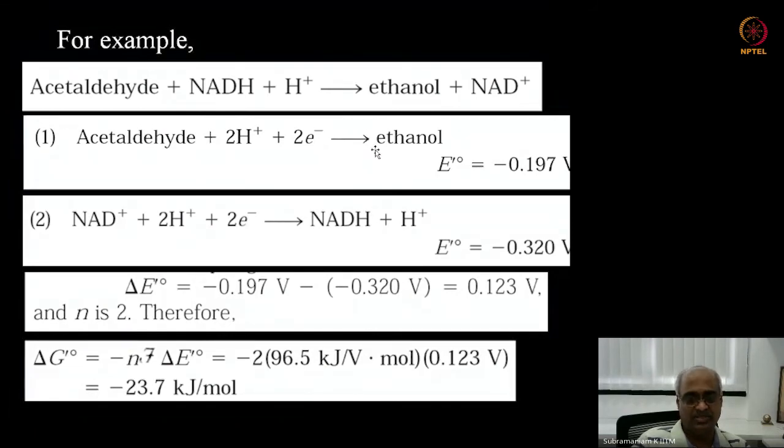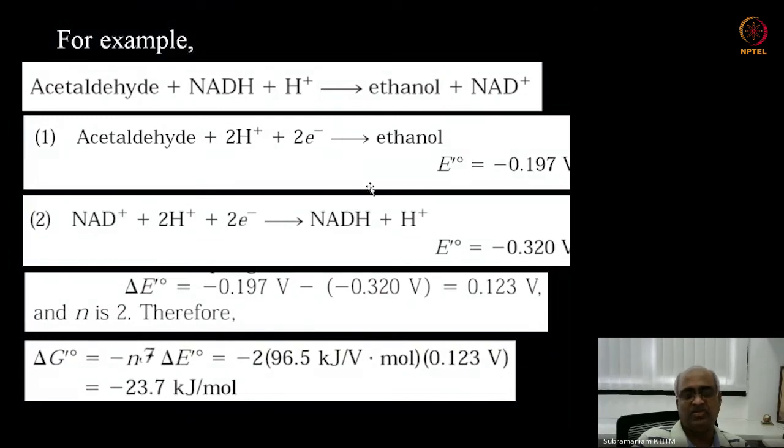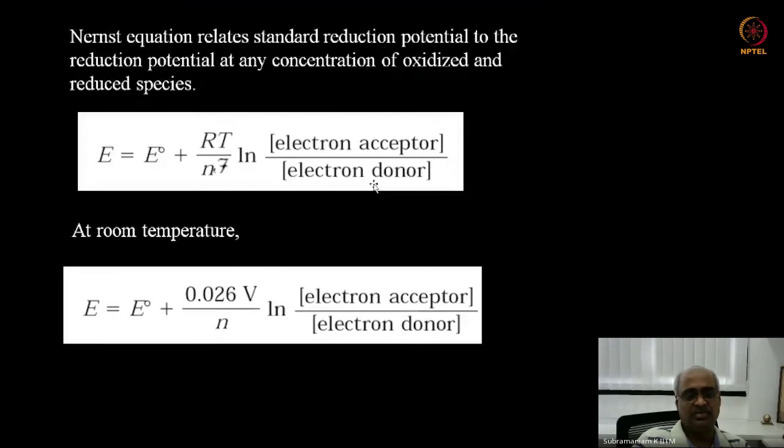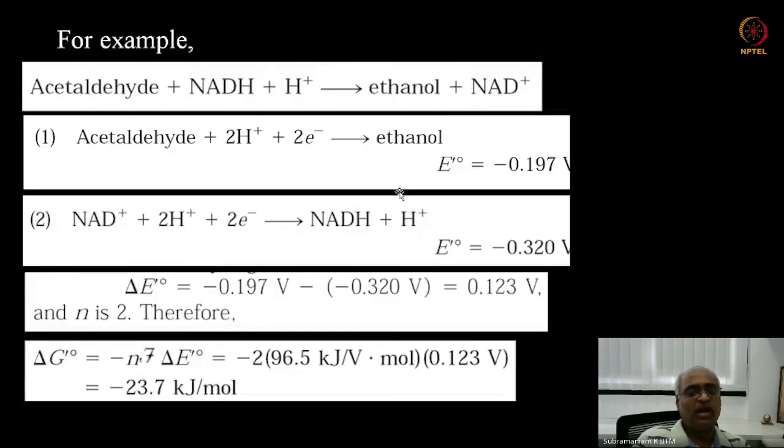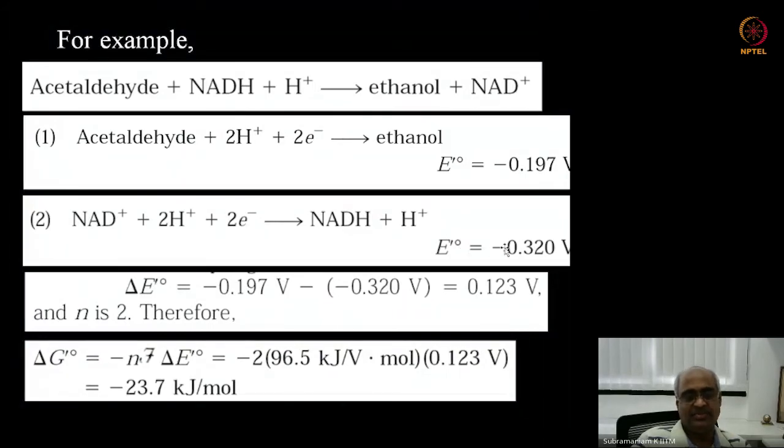meaning these two are at 1 molar and the pH of the solution is 7. At that time, this is the value, calculated using this equation. And the same thing for NAD is this. Now we take the delta.